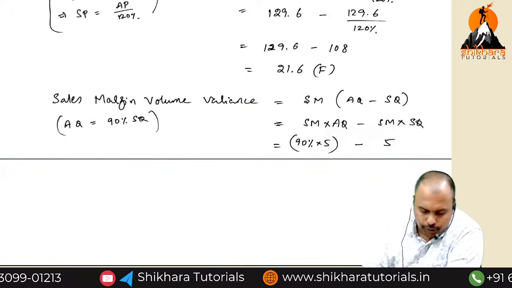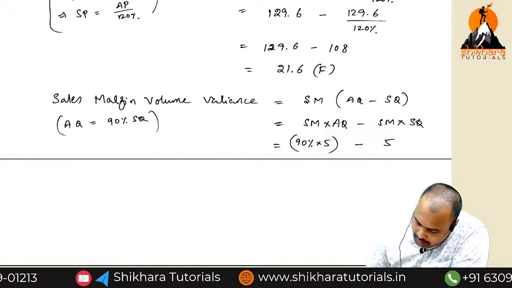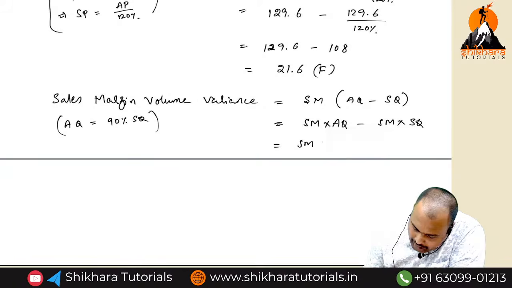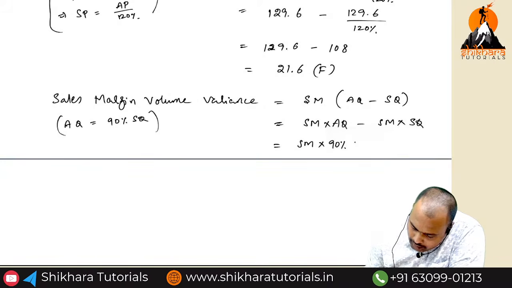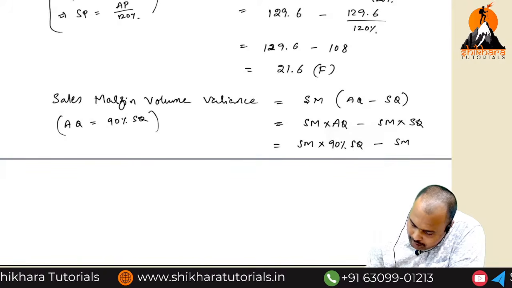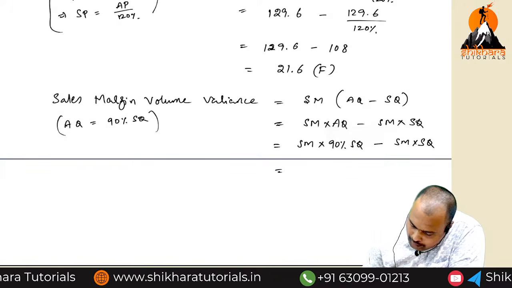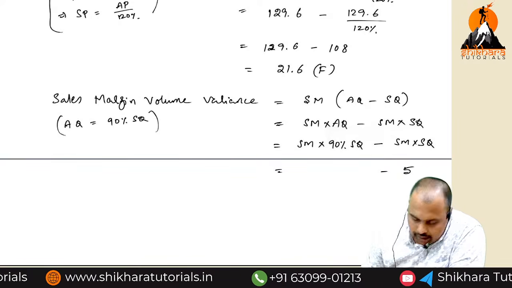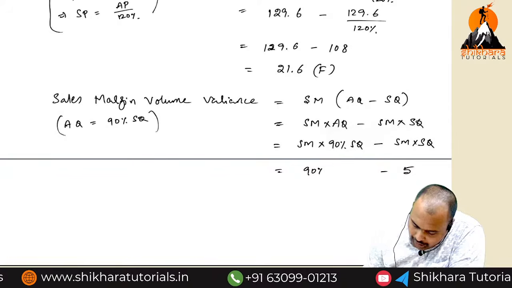Because what is AQ? Sir, SM into SQ, or else let me write one more formula. That is nothing but SM into 90% of SQ minus SM into SQ. SM into SQ I'm already having, 5. Now SM into SQ into 90% is nothing but 90% of 5.